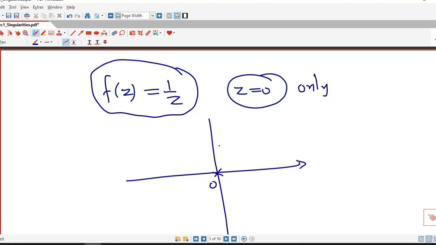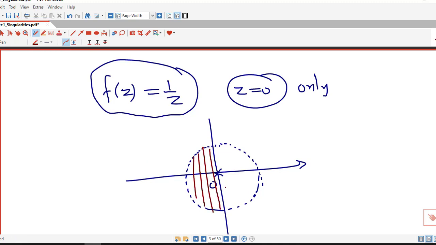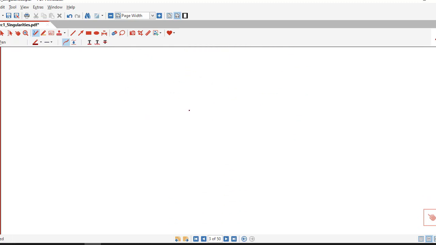So if we consider any neighborhood of z equal to 0 excluding z equal to 0, suppose this is the deleted neighborhood of z equal to 0, then because the function is not analytic at z equal to 0 only, it is analytic at every point in this deleted neighborhood. So that means z equal to 0 is an isolated singular point of f of z equal to 1 by z.